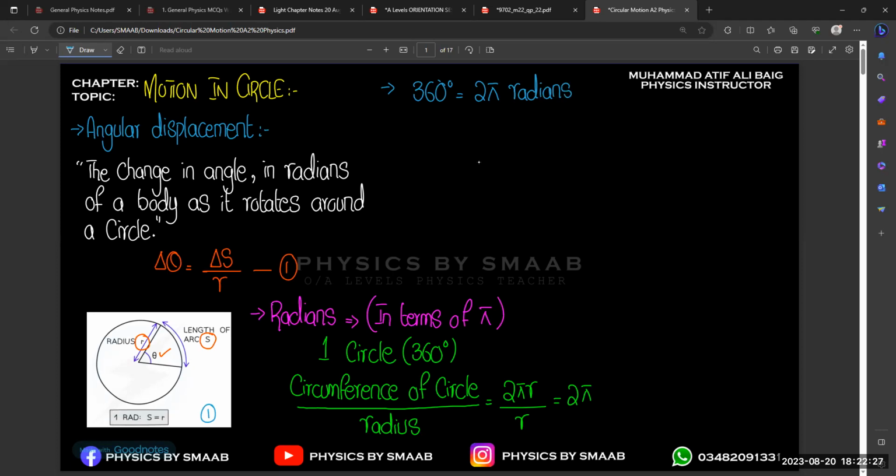So we can simply find 360 divided by 2 pi. That will be equal to 180 divided by pi, right? And by dividing the value, you will get the approximate answer 57.30.